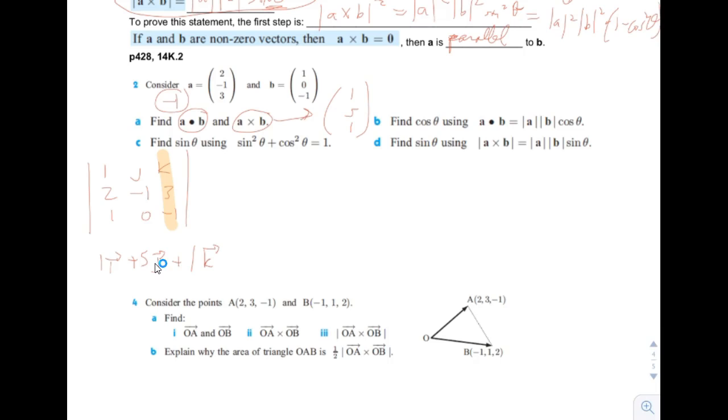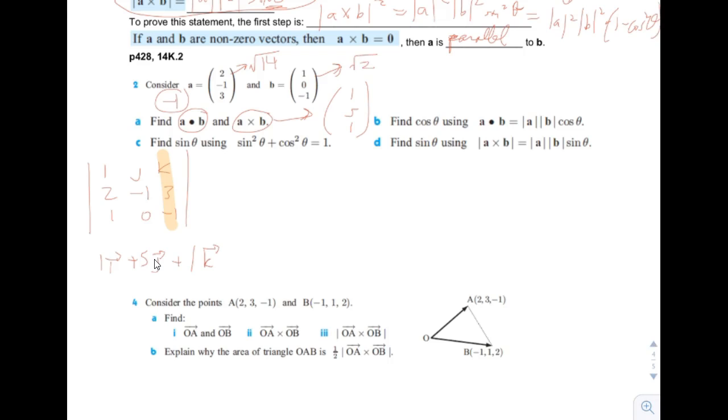Now let's do B. It says to find the cosine of theta using A dot B equals magnitude of A times magnitude of B cosine theta. Okay, well first of all we need to figure out the magnitude of A and the magnitude of B. Magnitude of A would be square root of 4 plus 1 plus 9, which is square root of 14, right? The magnitude of 1, 0, negative 1 would be square root of 2.